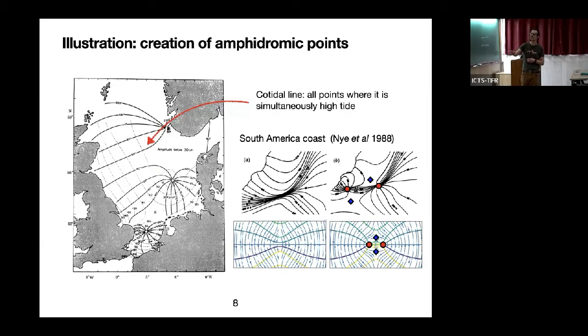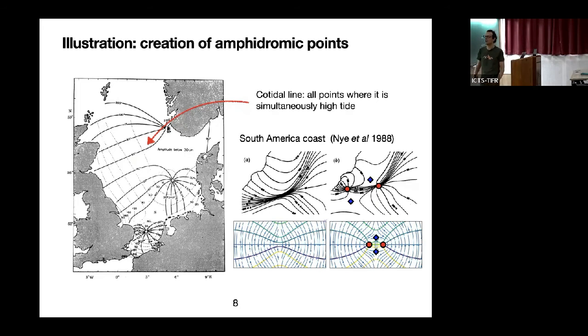So you have the UK here, you have the North Sea, and what are amphidromic points? Basically these points, where the lines are called co-tidal lines. So basically, it's all the points where it is simultaneously high tide. So here at a certain hour, the high tide will be in this region, then here, etc.